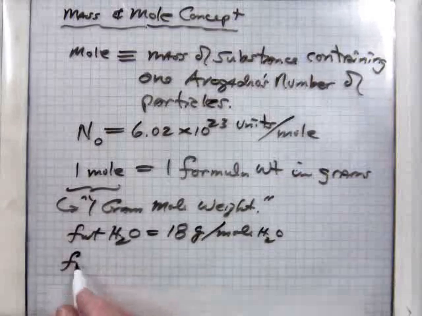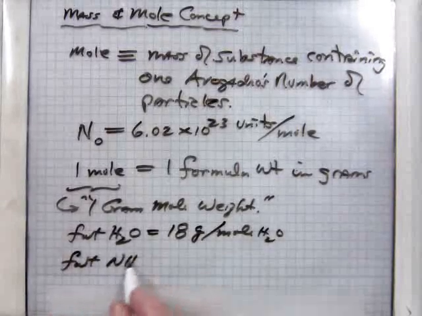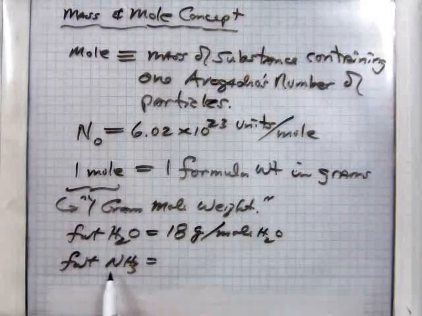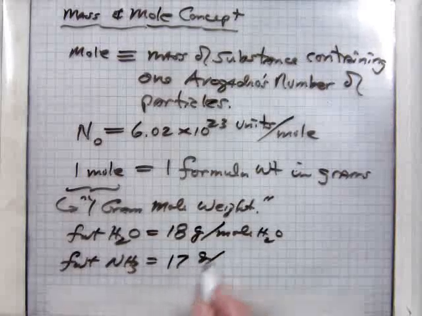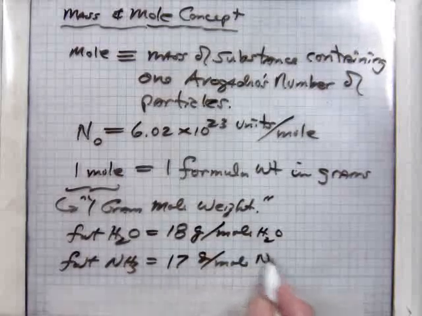The formula weight of ammonia is 14 plus 3, 17 grams per mole of ammonia.